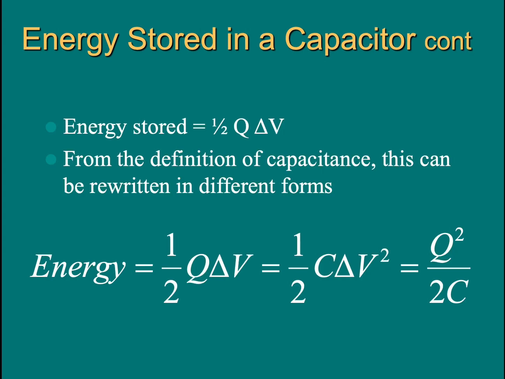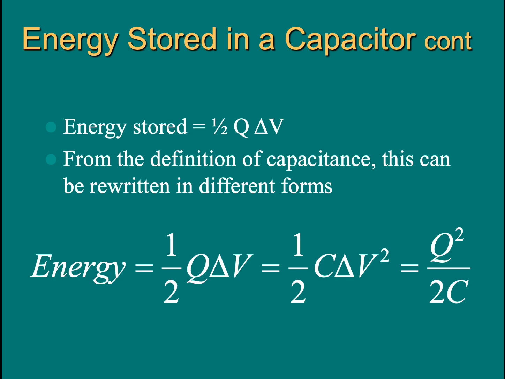So there are three quantities for a capacitor: capacitance, charge, and delta V, potential difference. Because C equals Q over delta V, only two of those three quantities are independent. If those two are already fixed, then the third one is fixed.